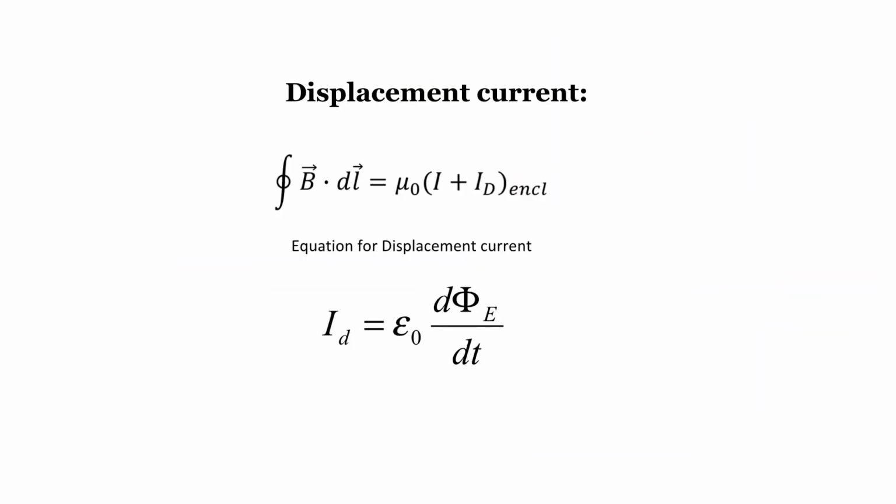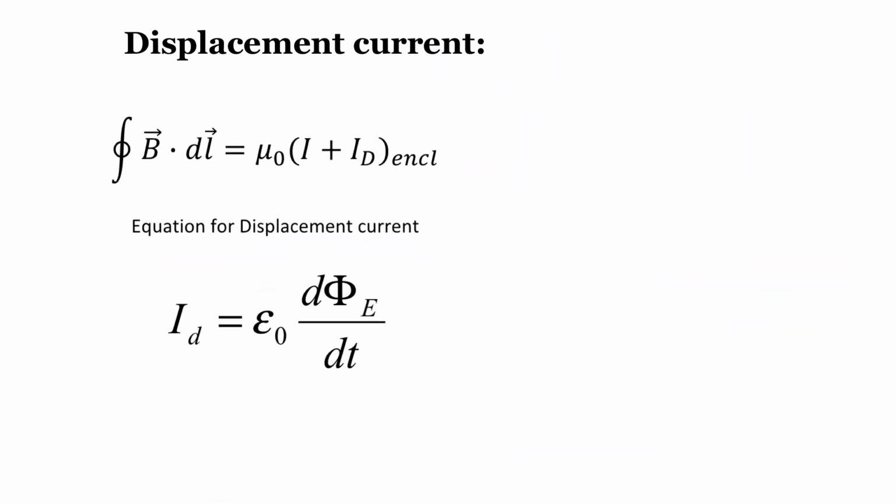Okay, so we are going to simplify a little bit the Ampere's law as modified by Maxwell, with the displacement current that we found from the previous derivation. This is the formula: mu naught I enclosed plus mu naught epsilon naught d flux E over dt.